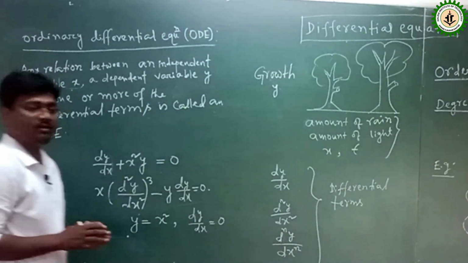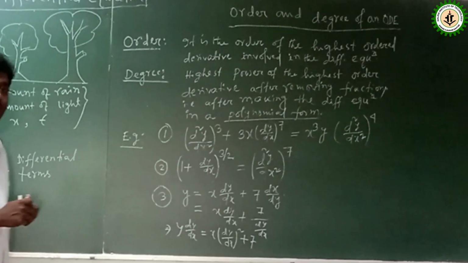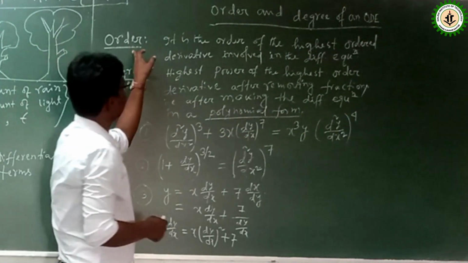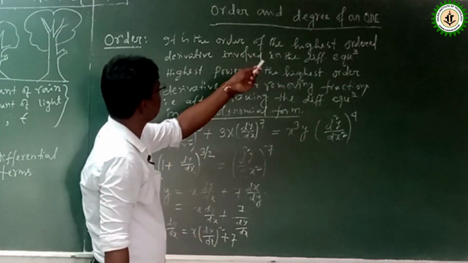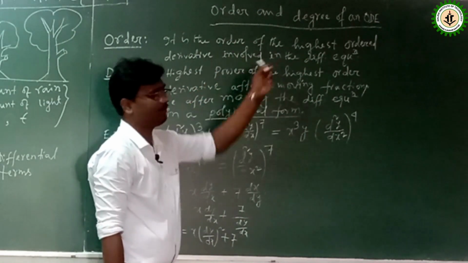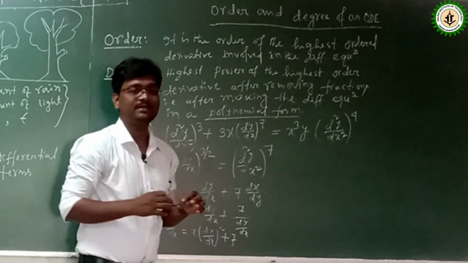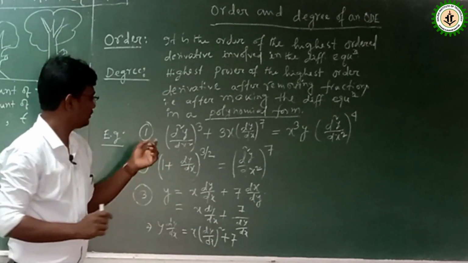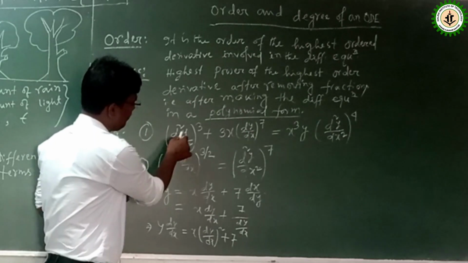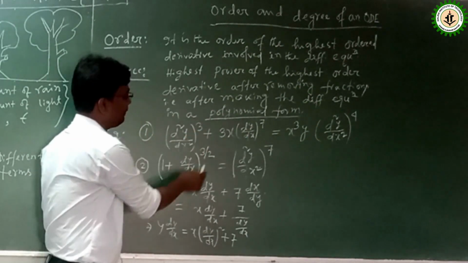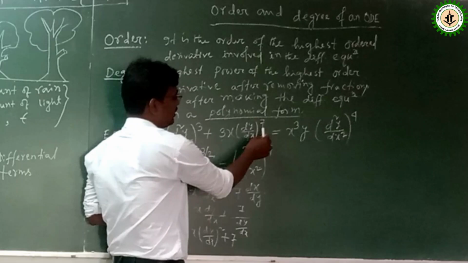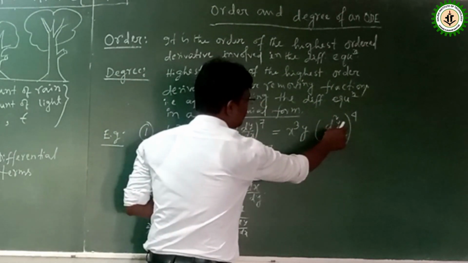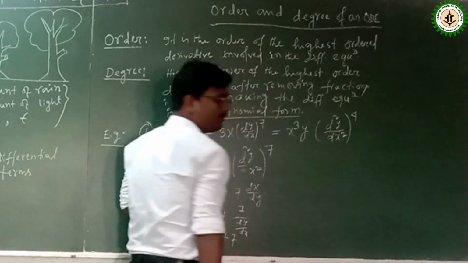Now we will study the order and degree of a differential equation. Look here, order is the order of the highest order derivative involved in the differential equation. That means order is the highest derivative order. For example, look here: (d2y/dx square) whole cube plus 3x (dy/dx) whole to the power 7 equal to x cube y into (d2y/dx square) to the power 4.